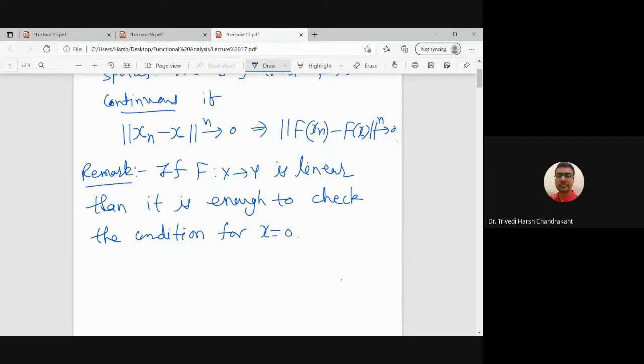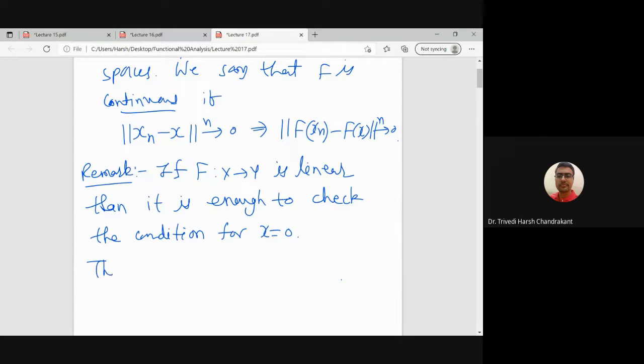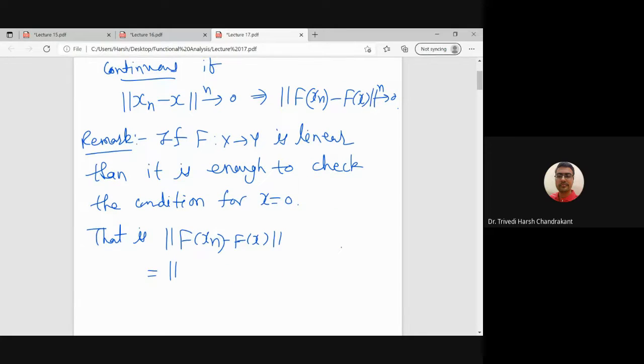So what does this mean? This means if f is continuous, then what is f of xn minus f of x? f is linear, so that is basically f of xn minus x. Right, so this condition is the same as this one because f is linear.